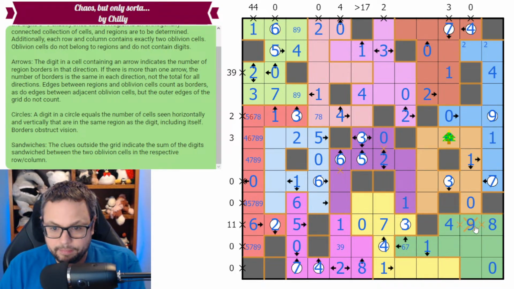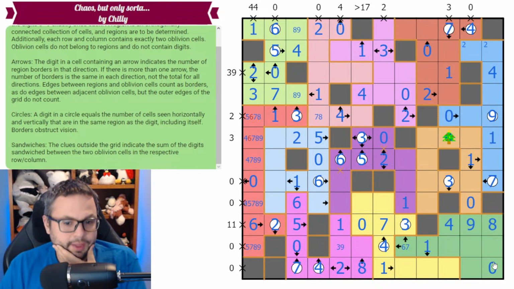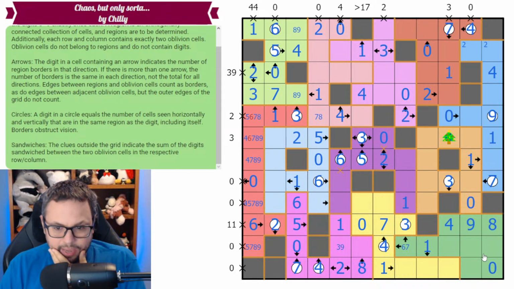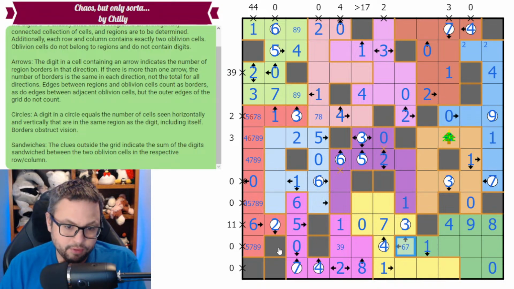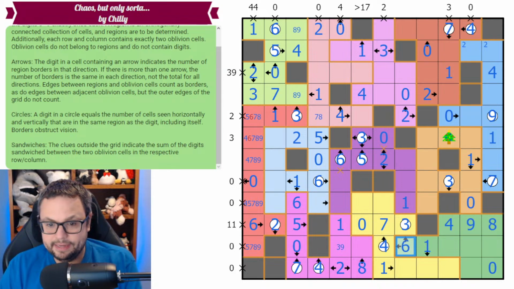And we can get rid of some X's. Okay, so I guess we can now count all of our arrows, of which I maybe only have one left in the entire puzzle. 1, 2, 3, 4, 5, 6. This cell is indeed a 6.